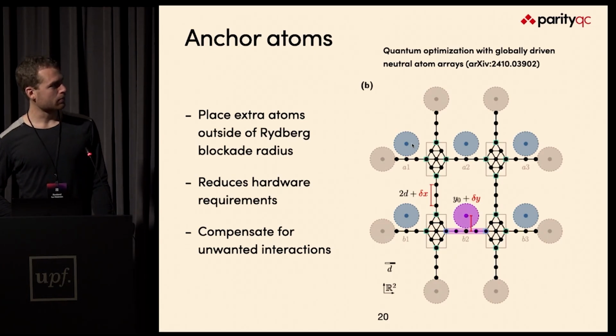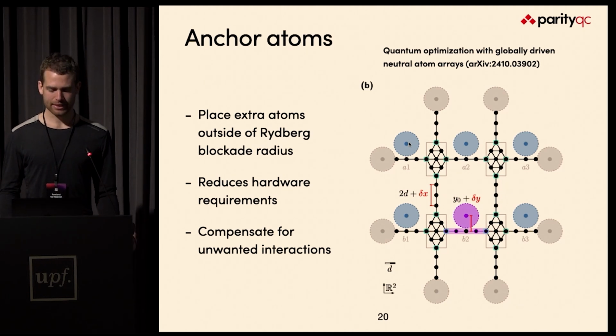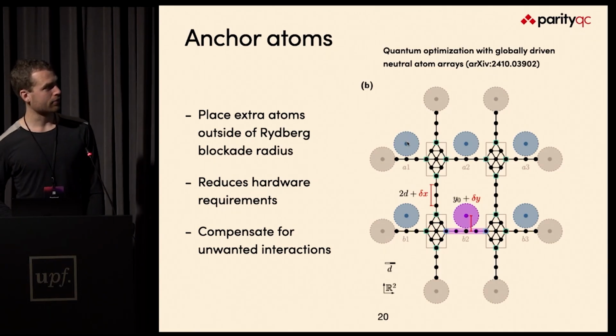For example, this blue atom here is not blockaded by any of the other Rydberg atoms, but it's still close enough to some of them that this van der Waals interaction still influences them. And it turns out that this has a nice advantage because you have this degree of freedom of where exactly you put it. You can put it slightly up, slightly down. You can also vary a bit these distances on a link. So you have these degrees of freedom to play with.